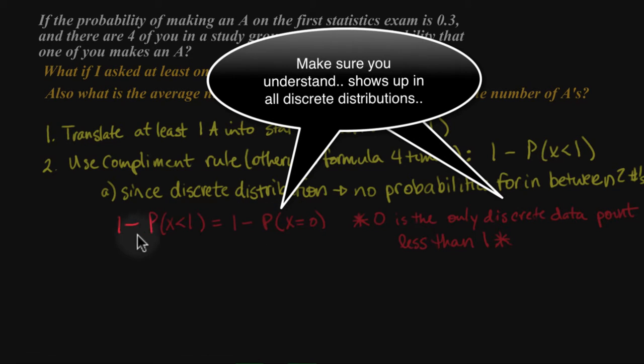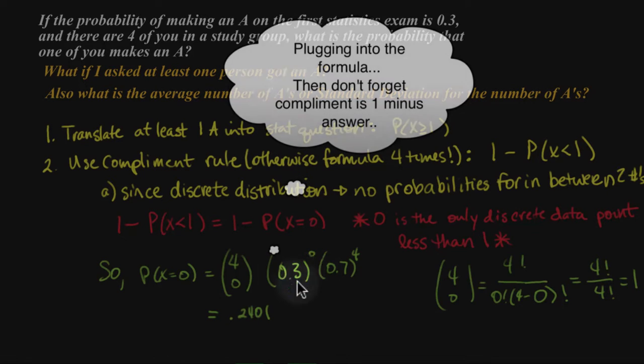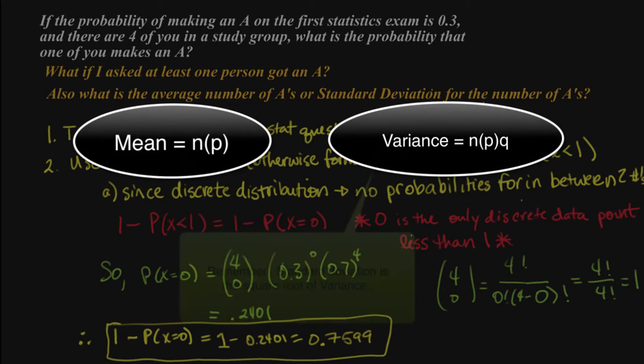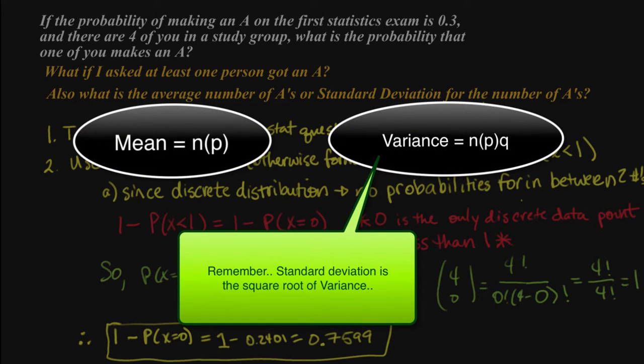So here we have 1 minus the probability of x less than 1 translated into this. And then there. Okay? If you want the mean and the standard deviation, you just have to use the following formulas.